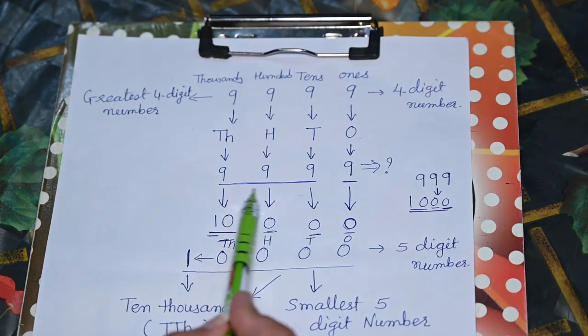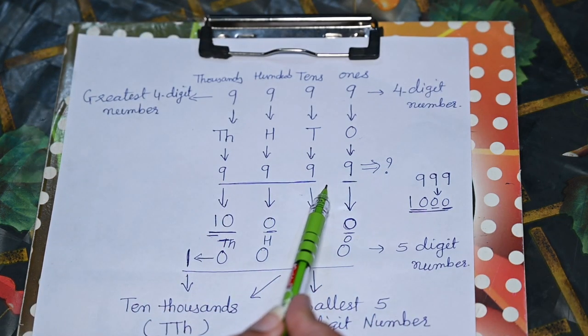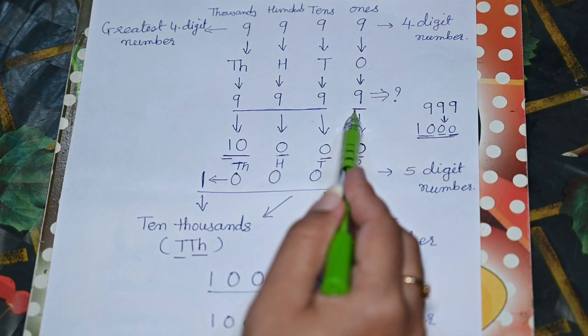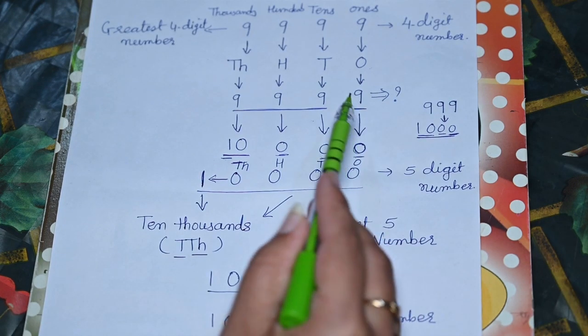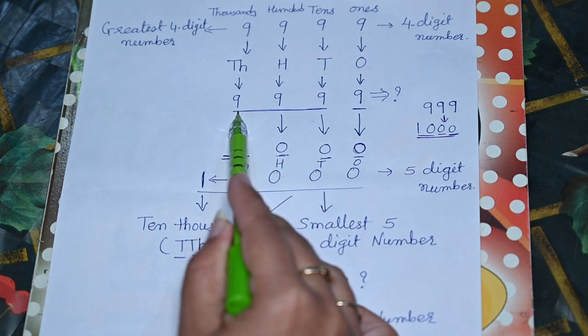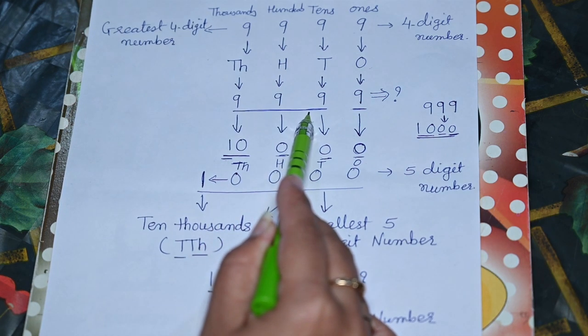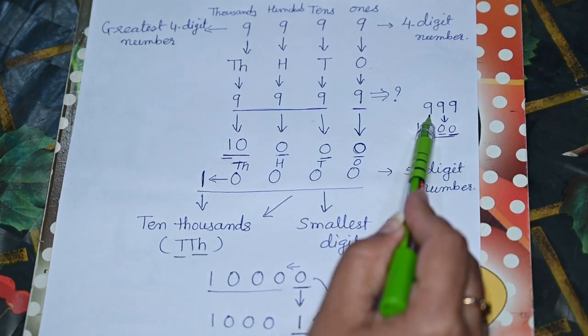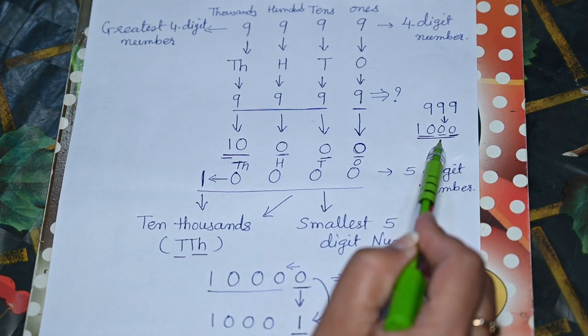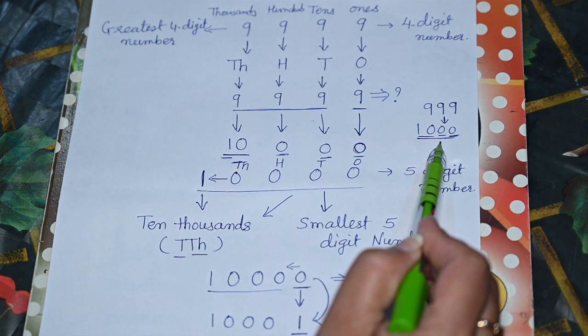Now, what is the next number after this number? We know that when we have 9 in the ones place, for the digit 9 to change to the next digit, that is 0. Now what is the number before this 9? It is 999. This number should also increase by 1. So after 999, the next number we know is 1000.